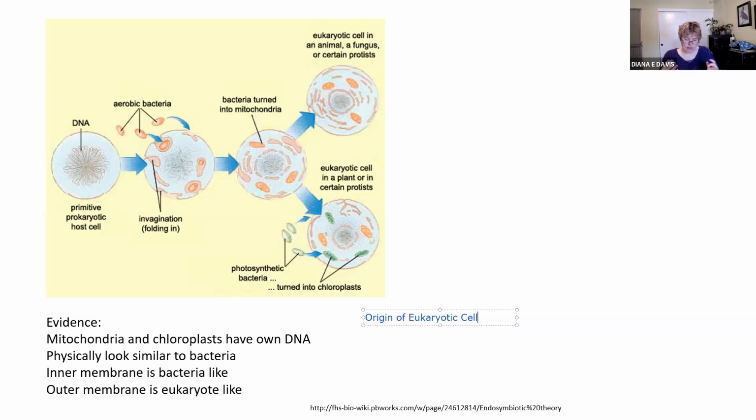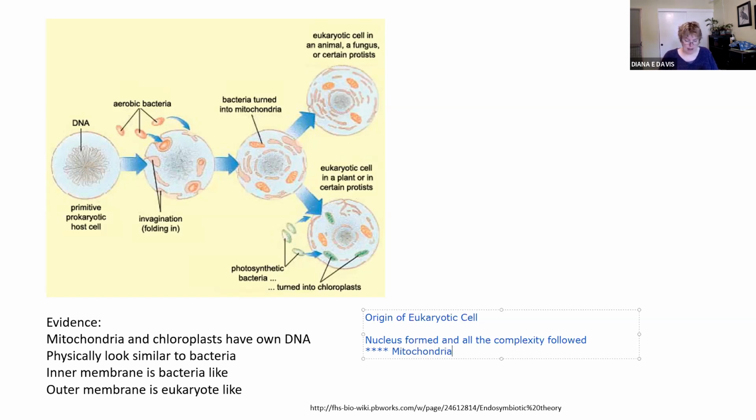And there's two major competing hypotheses here. One is that the nucleus formed, and then all the complexity of a eukaryotic cell followed. That's one idea. I think it's the less believed hypothesis. I think more people believe this second hypothesis.